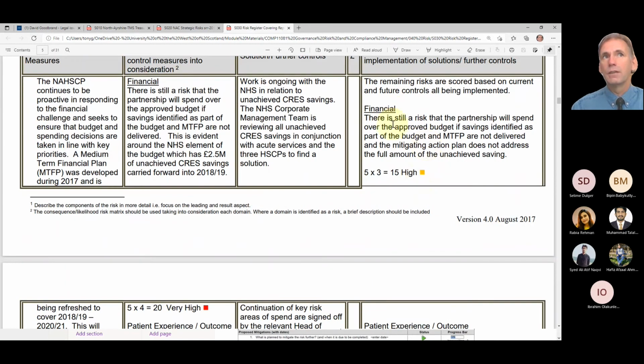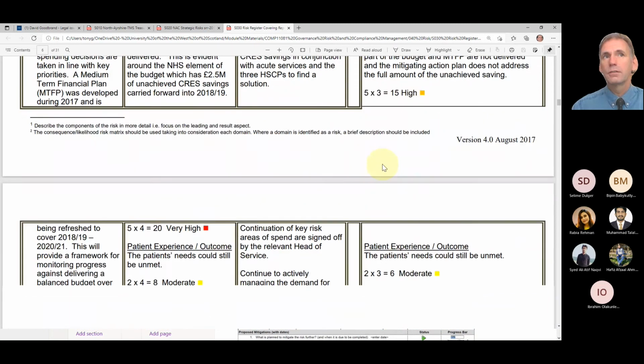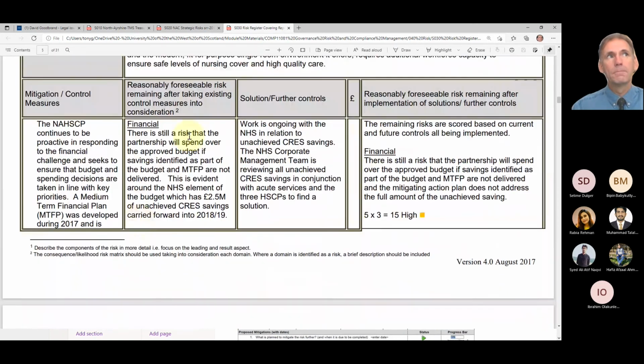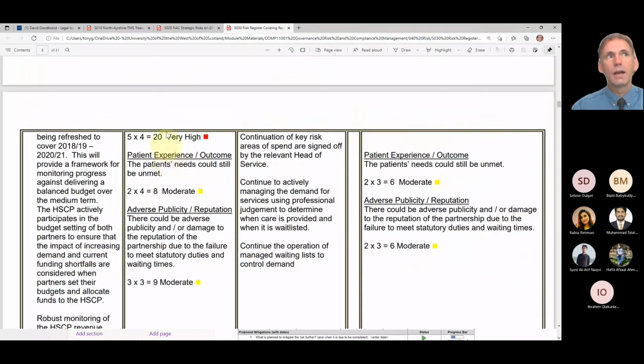This one is about the financial risk being high, the patient risk moderate, and the publicity risk also moderate. Financial risk here, high. Patient outcome risk, 8, moderate. Publicity, 9, moderate.